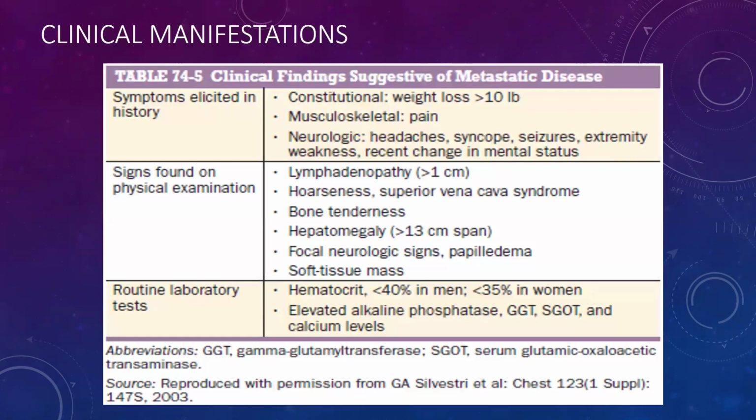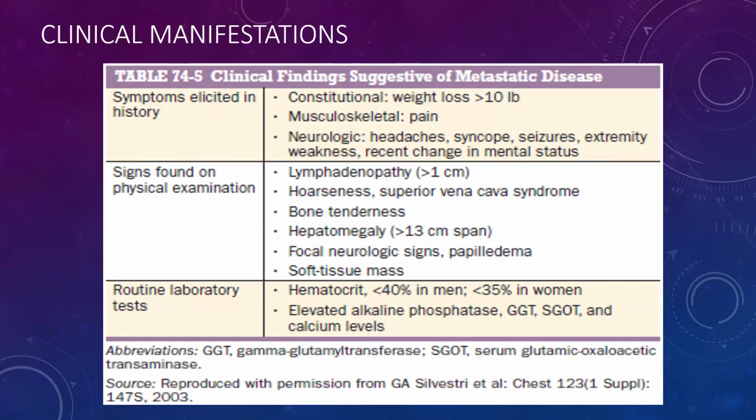This table shows the clinical findings which are suggestive of metastatic disease. If you elicit the following symptoms in the history: weight loss of more than 10 pounds, musculoskeletal pain, neurologic symptoms such as severe headache, syncope, seizures, weakness, changes in mental status, then you have to check for possible metastasis.